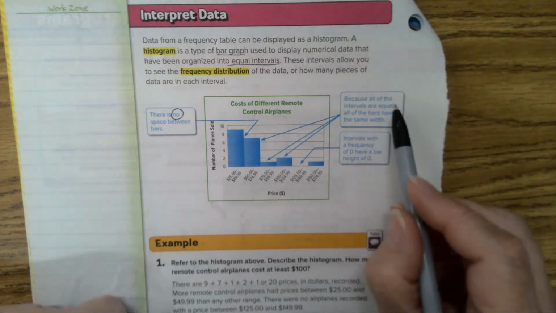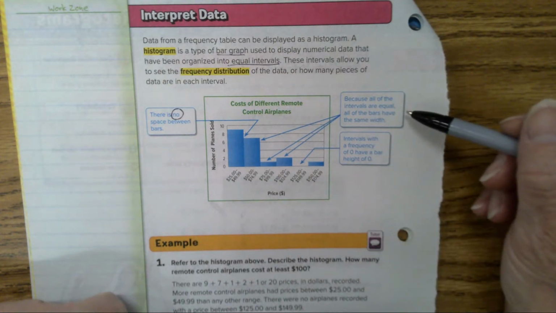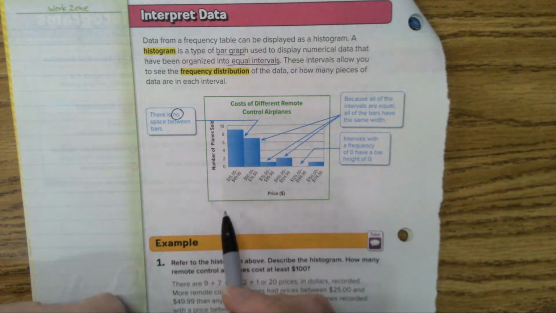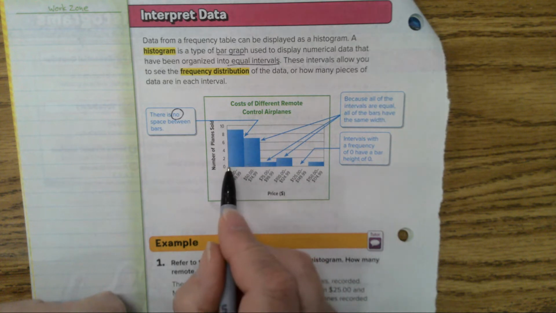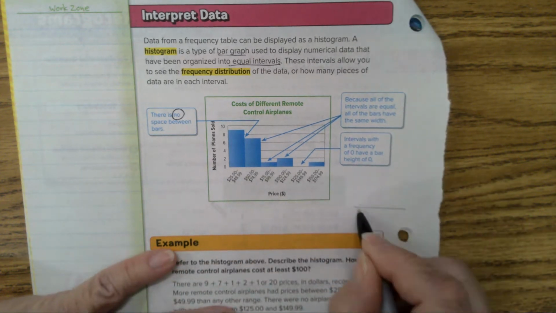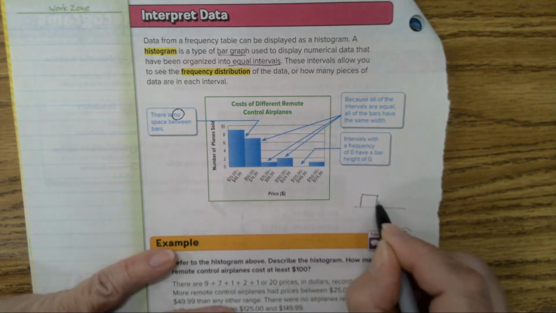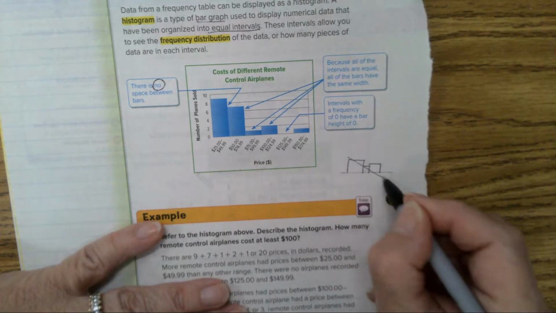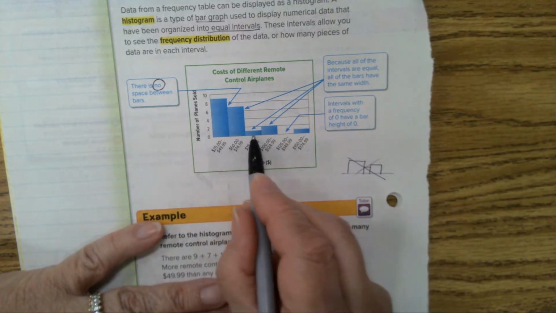Because all of the intervals are equal, all of the bars have the same width. Now, when you draw your own, it's hard to make them the same, but you want to make sure they're the same width. You don't want one like this, where you have a wide one, and then a skinny one, and then a sort of wide one. You want them all the same width.